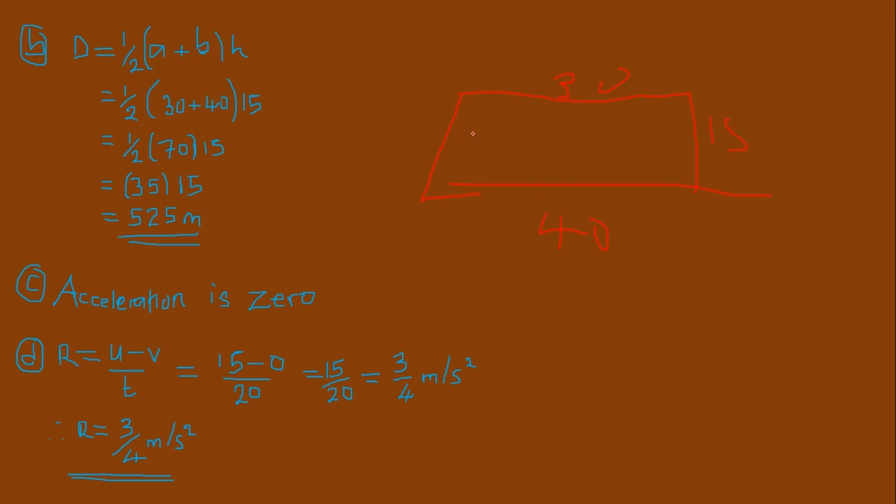So this is where it is coming from. We have our height, which is 15, our a, which is 30, and our b, which is 40, which is just the time taken. But how do we find this 30?